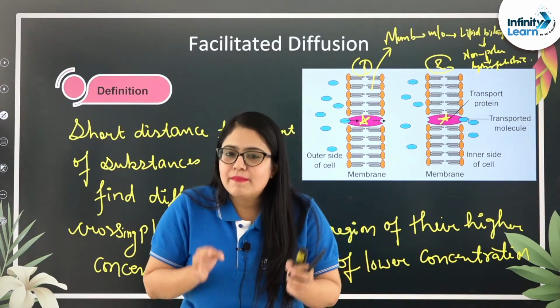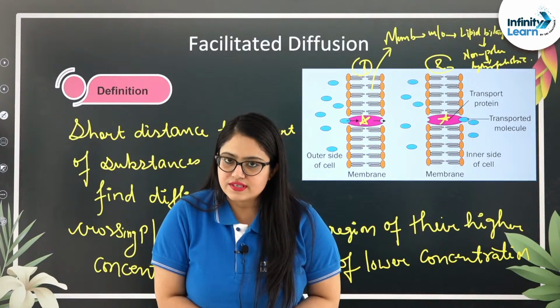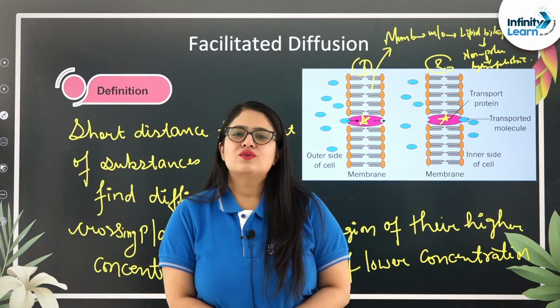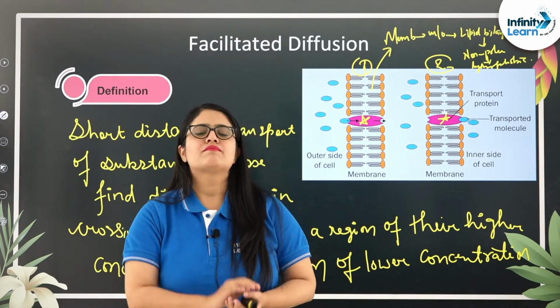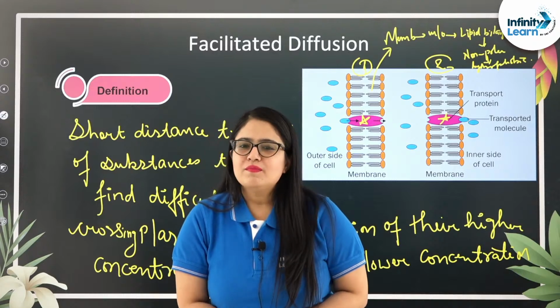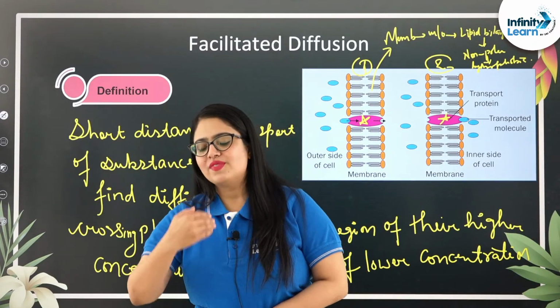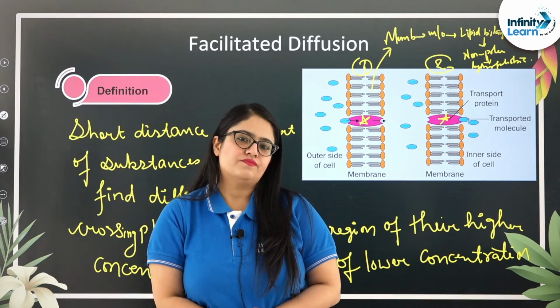So, please remember this point, students. Even if there is a concentration gradient across the plasma membrane, such polar, charged, hydrophilic substances would not be able to move across from their higher concentration region to their lower concentration region.